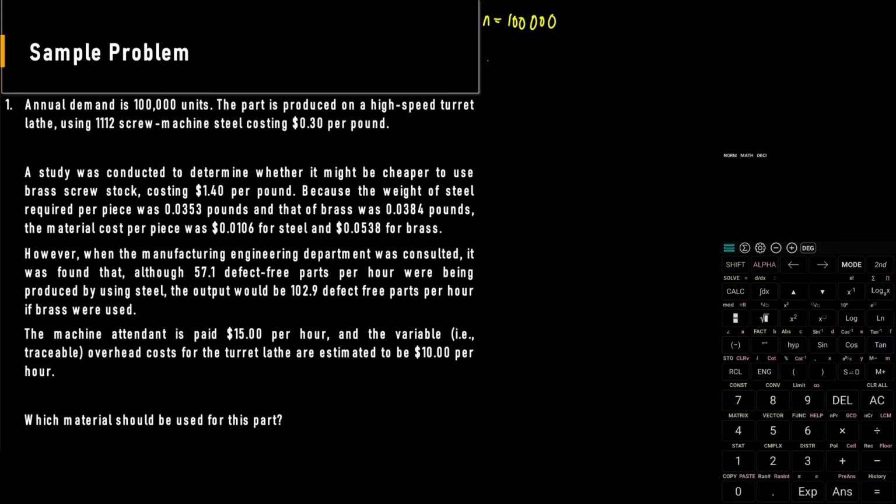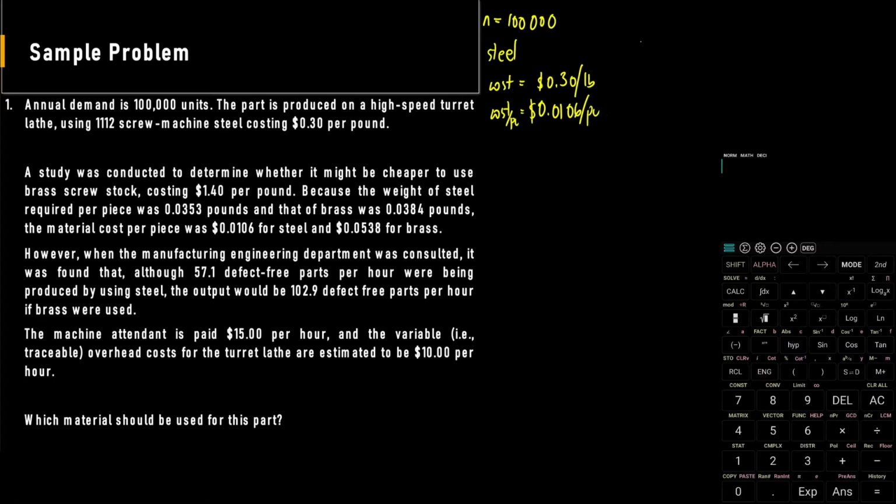Denote lang natin as steel, ang cost niya is equal to 30 cents per pound. Tapos, material cost per piece: 0.0106 dollars per piece.